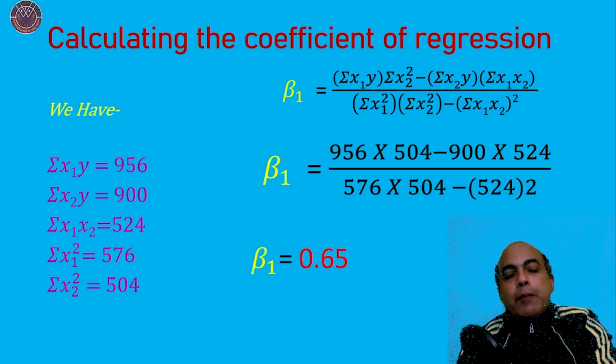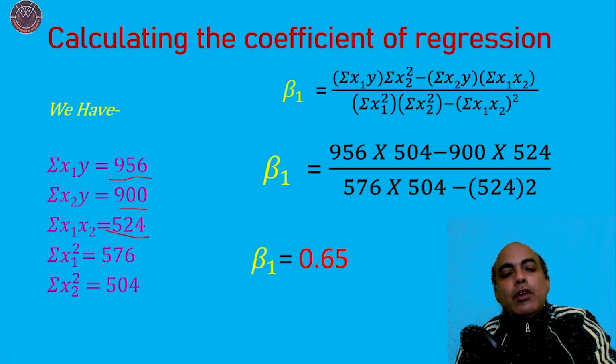So after getting those sigma values, 956, 900, 524, 576, 504, we have to substitute them according to this formula.